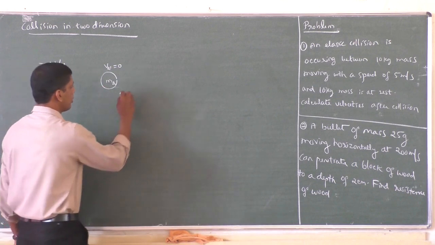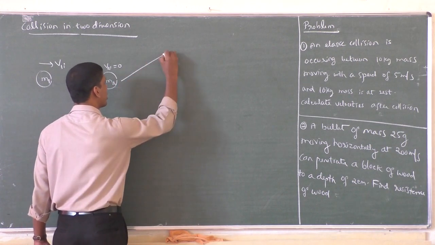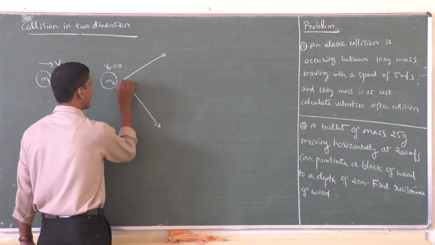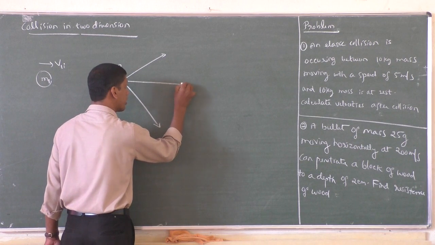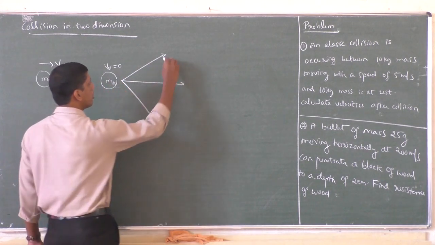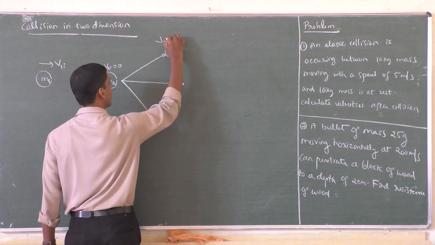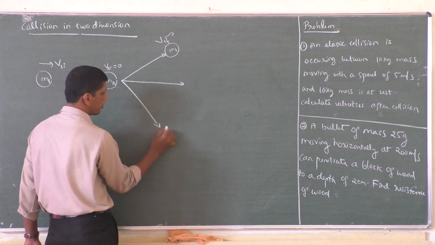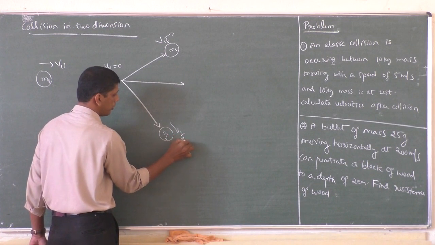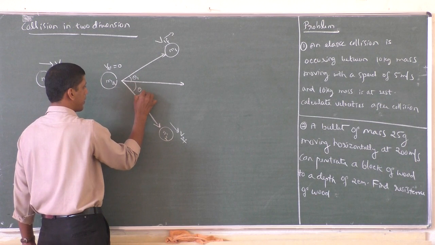After collision, the first body moves in this direction and the second body moves in this direction, along the x direction. The first body moves with the velocity v1f, and the second body moves with the velocity v2f. This angle I will call theta 1, and this angle I will indicate as theta 2.